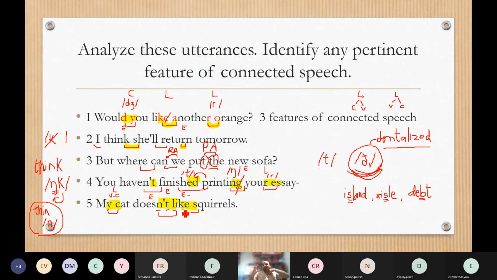So try to assess if the s sound is pronounced in the same position when you say the word squirrels in isolation, or when you put it in context and say like squirrels. Because in my case, when I say like, my tongue goes up to the velum.